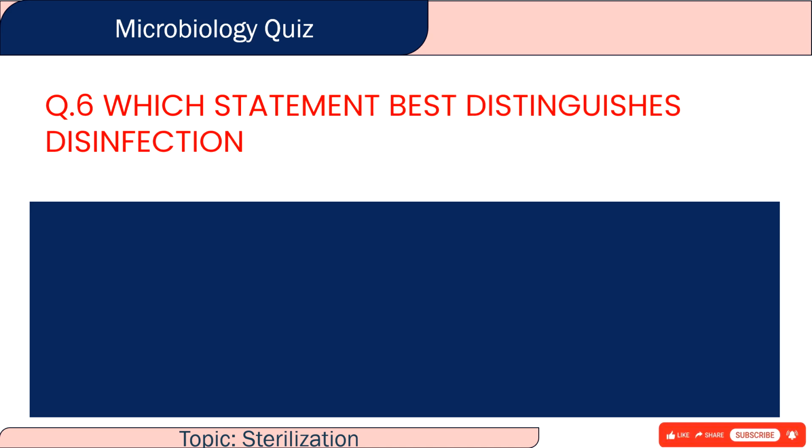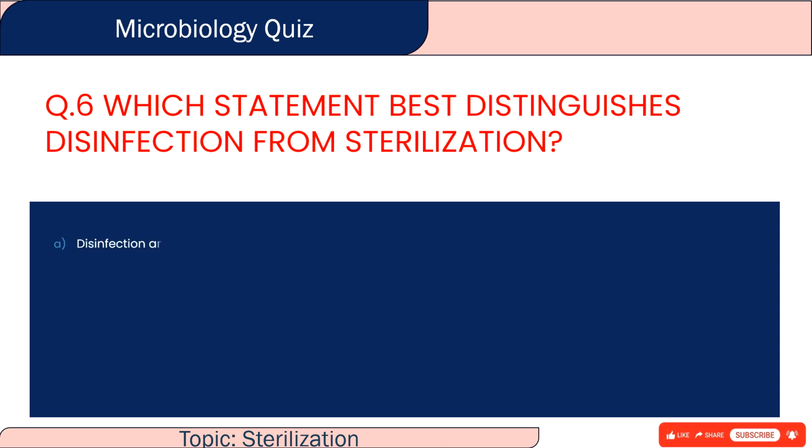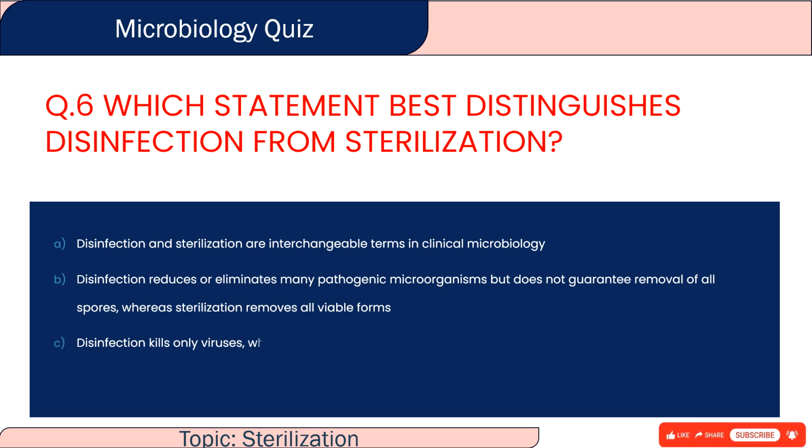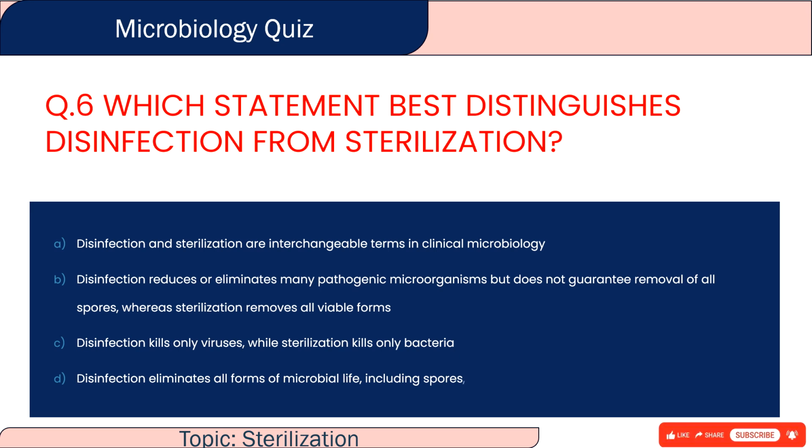Question number 6. Which statement best distinguishes disinfection from sterilization? A. Both are interchangeable terms in clinical microbiology. B. Disinfection reduces or eliminates many pathogenic microorganisms but does not guarantee removal of all spores, whereas sterilization removes all viable forms.